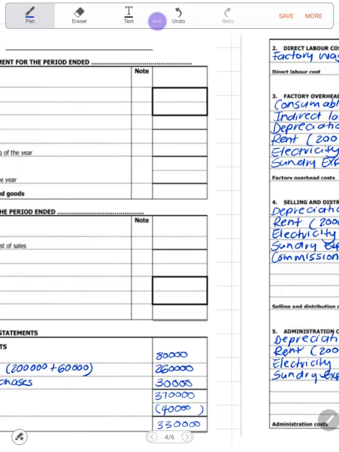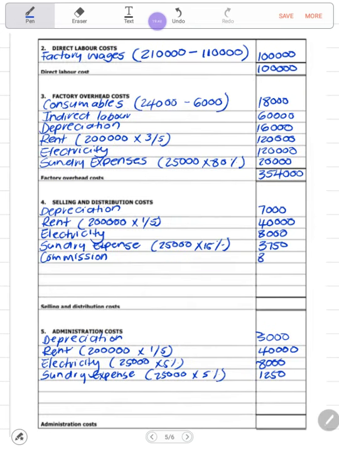So our commission will be 84,000. And that is everything under your selling and distribution costs. If you total it up, it should come to 142,750. And this is everything under your administration costs. If you tally it up, it should come to 102,250.